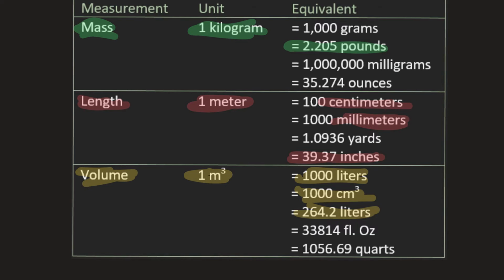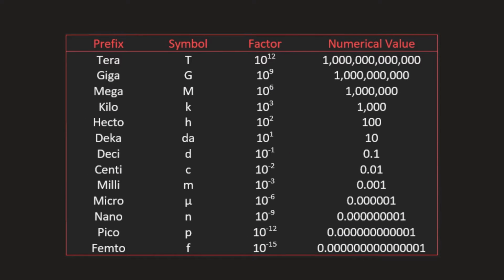So, for example, you have just your base. If you look here, the prefix deca is typically times 10 to the first power of your base unit. I'm going to give you a couple of examples, so just follow along with me.